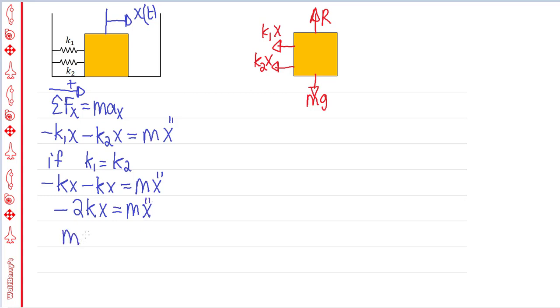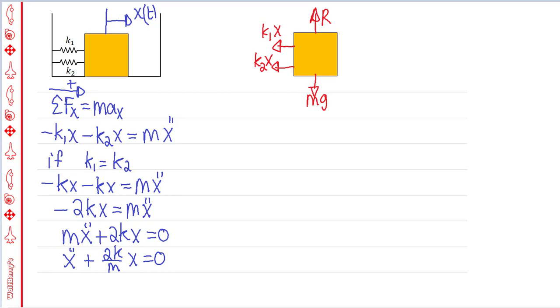Adding 2kx to both sides, we have m x double dot plus 2kx equals 0. Dividing both sides by m, we get x double dot plus 2k over m, x equals 0.